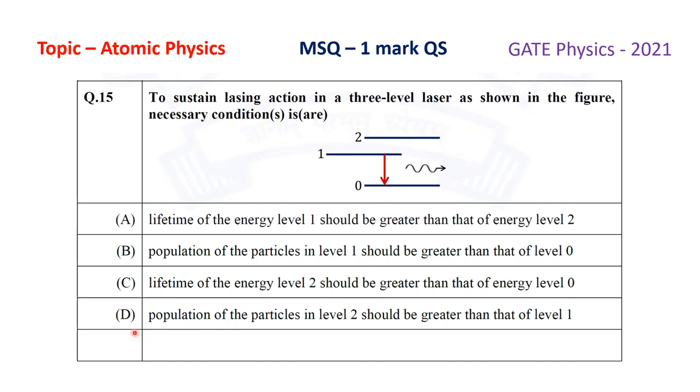And the last option, option D, population of the particles in level 2 should be greater than that of level 1. So there are 4 options given. Now as this is an MSQ, it is highly possible to have multiple options correct for this question. So let us see how to solve this problem.